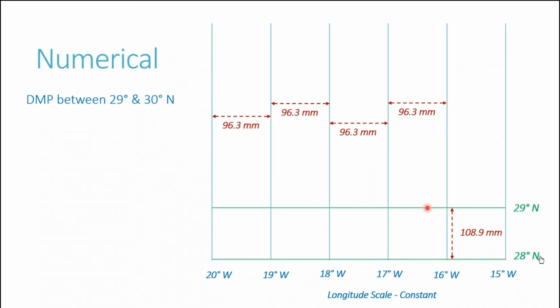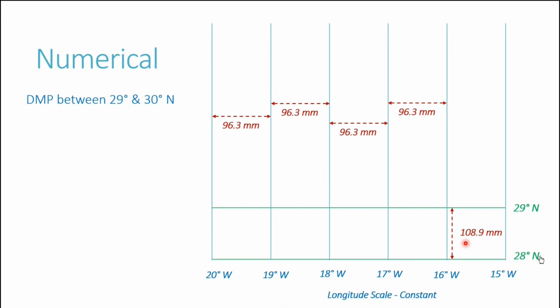So as we are aware that on a Mercator chart, 1 minute of latitude keeps on becoming bigger and bigger. So the gap between the parallels of latitude also keeps on increasing as we move away from the equator towards the pole, or as we go into higher latitudes, the gap between the parallels keeps on increasing.